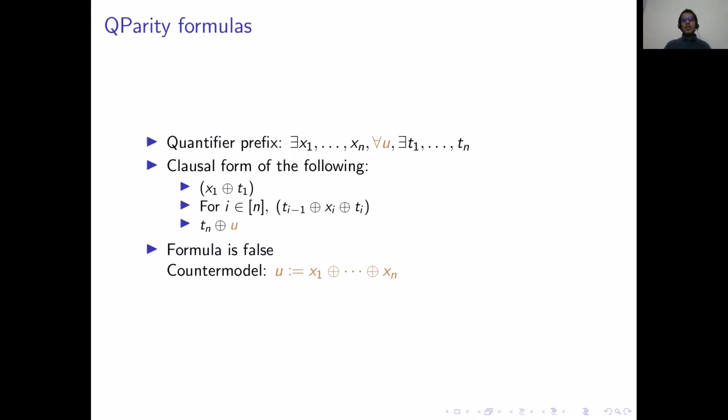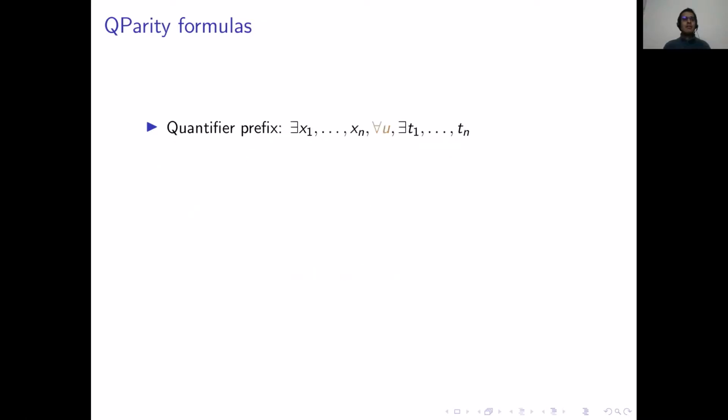So what we do is we use slightly tweaked versions of these formulas, called LQ parity formulas. They have also been well studied in the literature. How these are obtained: we create two copies of these clauses.